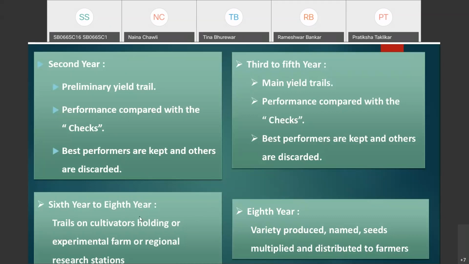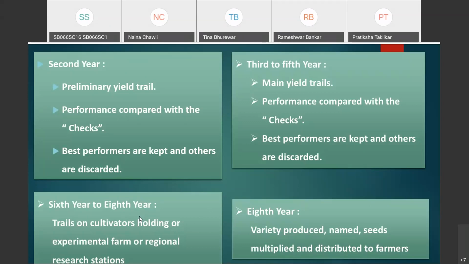Okay, in the eighth year, for 3 generations, that is sixth, seventh and the eighth generation, for about 3 years, their performance is evaluated, and the details are sent to the plant breeder.